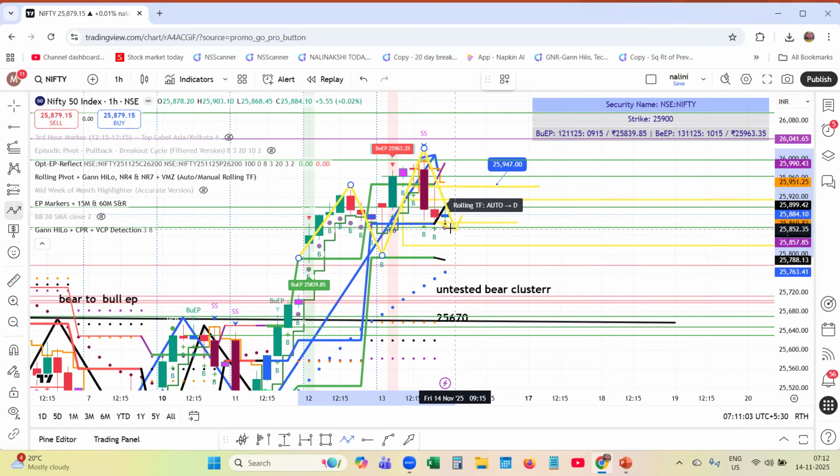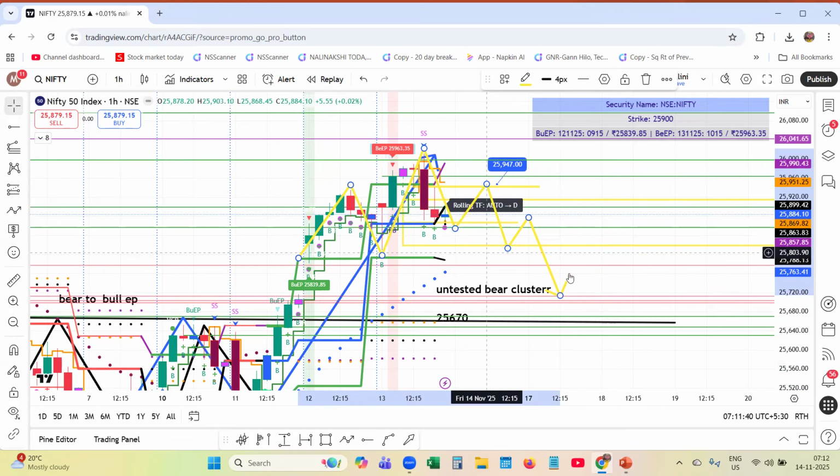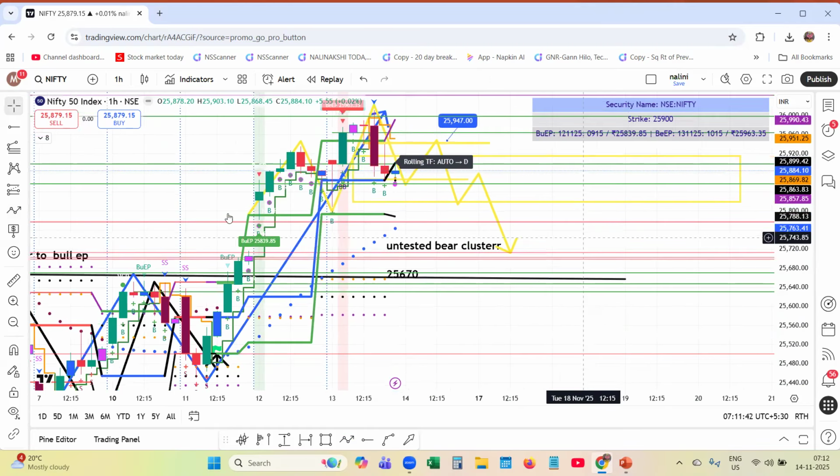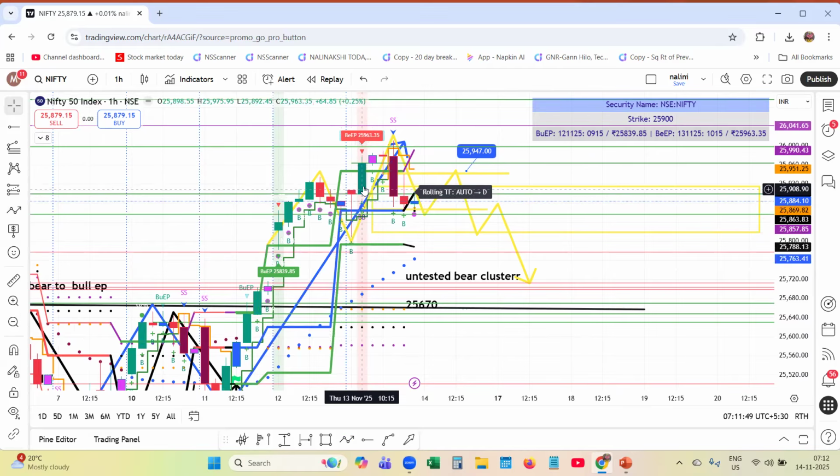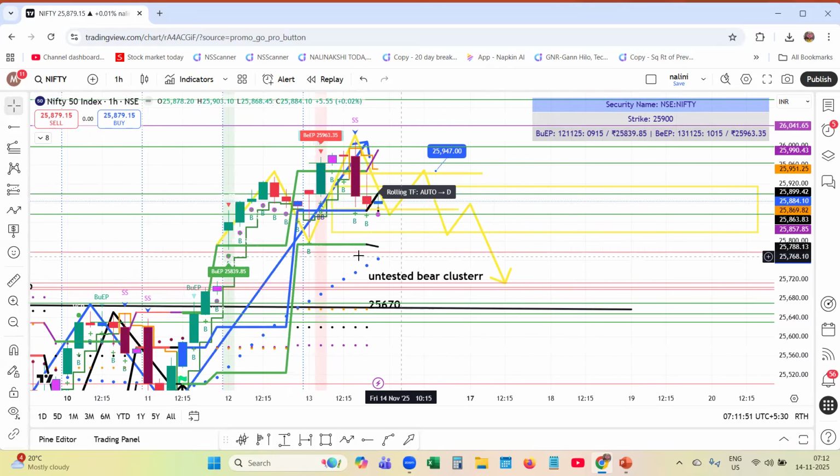So today's price action is very, very important, friends. The market is already showing exhaustion at this level, and we can anticipate with the help of my rolling pivot. You can see the exhaustion over here, and neutral color has been formed.